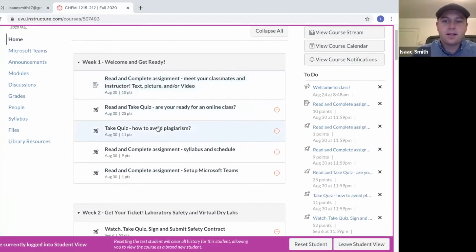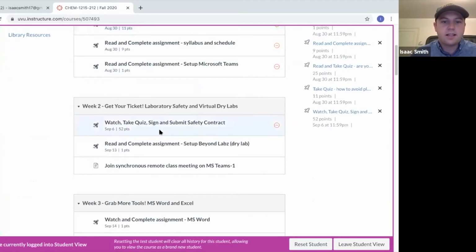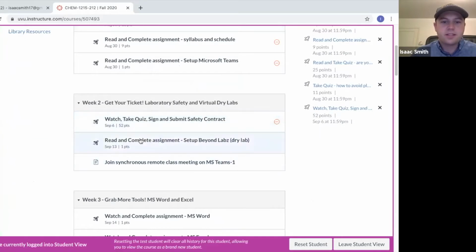So week one, everyone's pretty much done all of these. And week two, we've done all this. This assignment in week two, set up Beyond Labs, which is the online dry lab program we're using. There were a few people who couldn't get this to work on their computer.